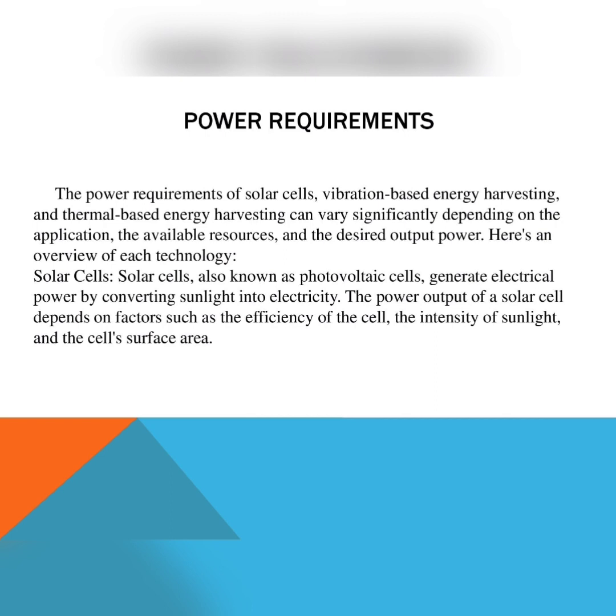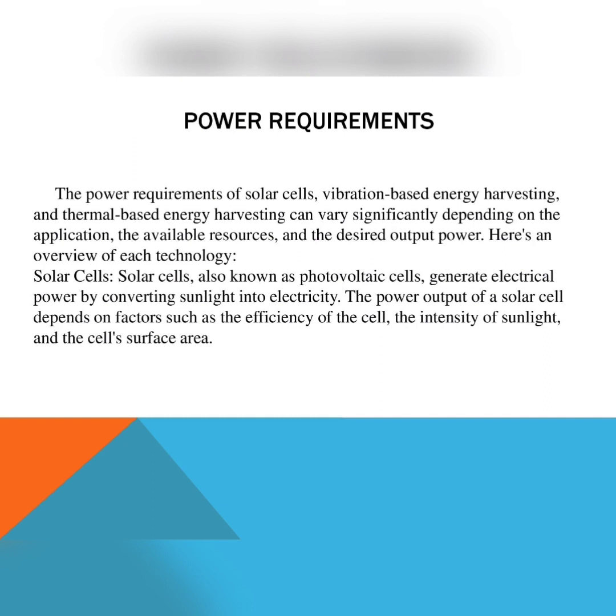The power output of a solar cell is typically measured in watts or milliwatts. Common solar cells used in consumer applications can have power outputs ranging from a few milliwatts to several watts.